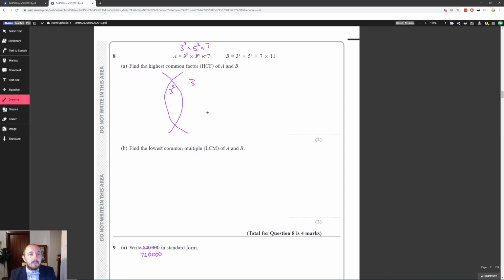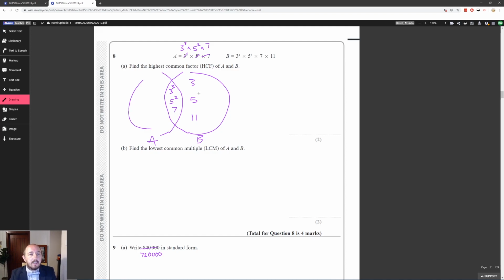For the 5, we've got 5 squared and 5 cubed, so there's 5 squared in both, and another 5 here. 7 and 7, so there's going to be a 7 in both, and an 11 is going to be in here. So we've got B and A like that. Let's just finish that off. So A is 3 cubed, 5 squared, 7. That's correct. And then 3 to the 4, 5 cubed, 7 and 11 for B.